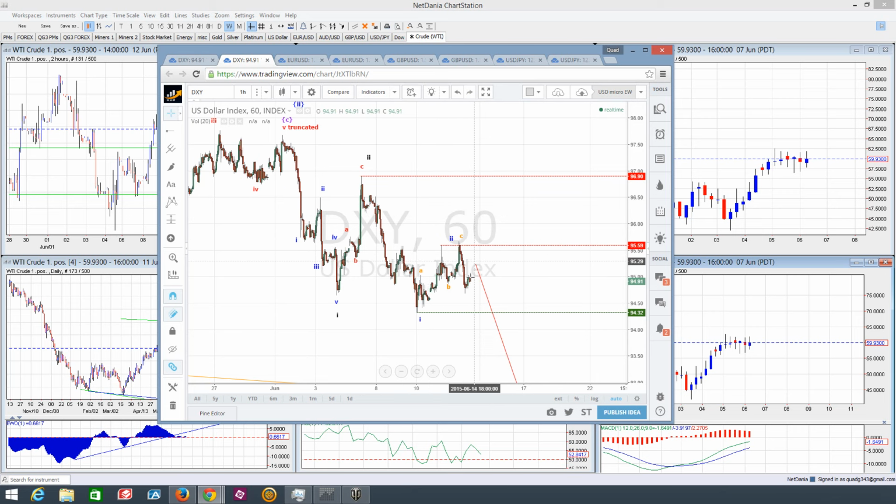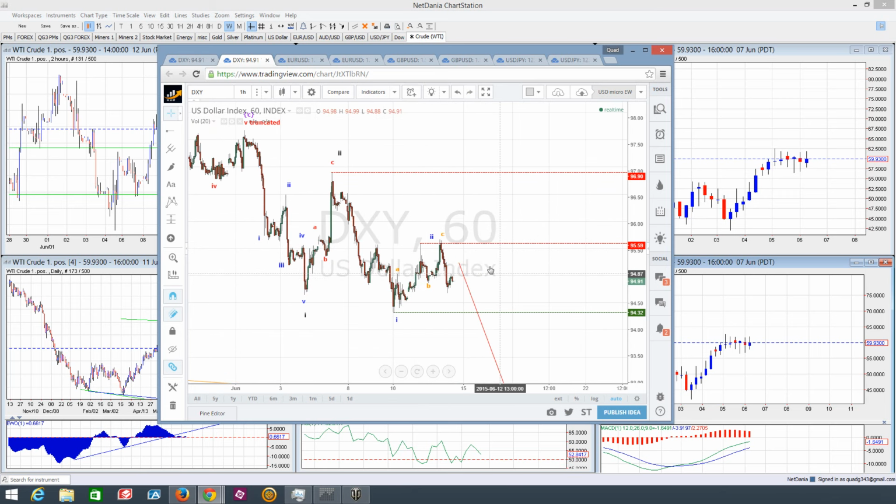We got this pop up, and then we get this impulsive reversal that takes out the low of wave B. So we're starting, even though we had a little bit of an uptrend going, that's been dashed with this new lower low underneath the wave B. So it tells me that we could have another top set in place right here at about 95.67.